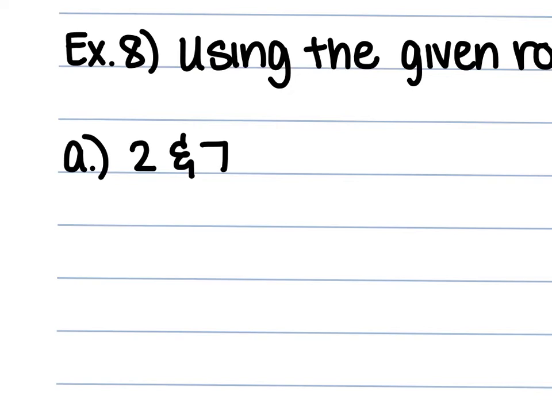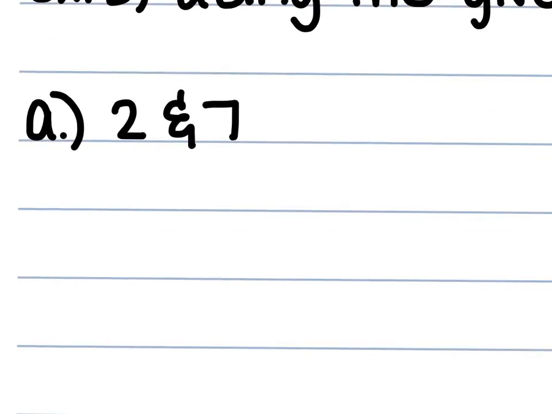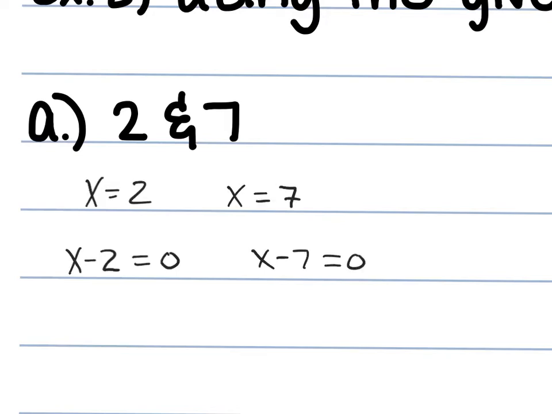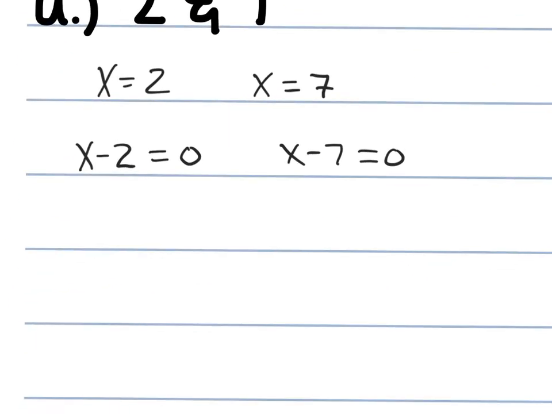So yesterday we used the solutions to figure out some things. So first thing that we did was we've got x is equal to 2 and x is equal to 7. And what we can do then is bring them back over to the other side like we did yesterday. X minus 2 equals 0 and x minus 7 equals 0. These are the same things we did yesterday.